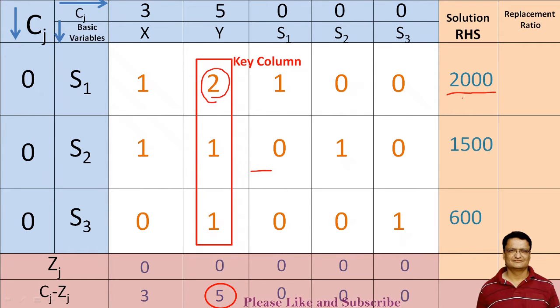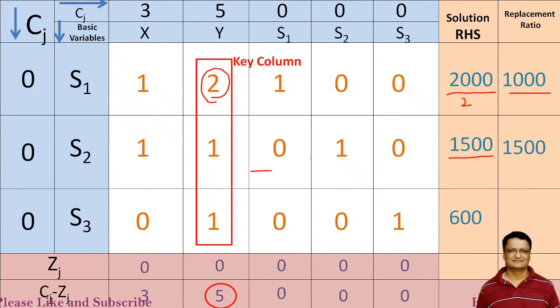So 2000 divided by 2 will give me a value of 1000. Similarly, 1500 divided by 1, okay, so this element in the key column will give me a 1500 value only, and for this particular row 600 divided by this 1 will give me a value of 600 only.